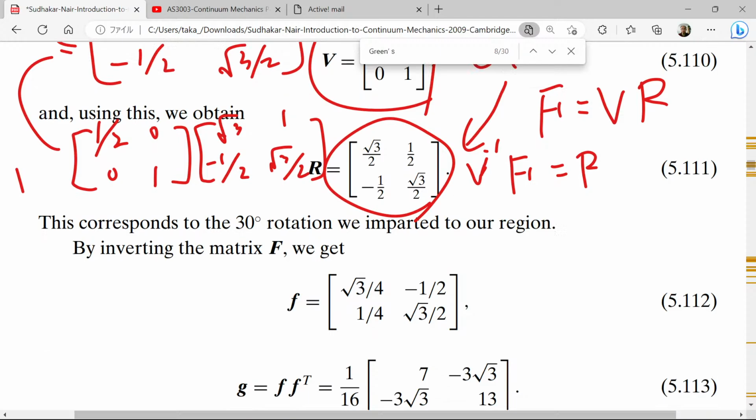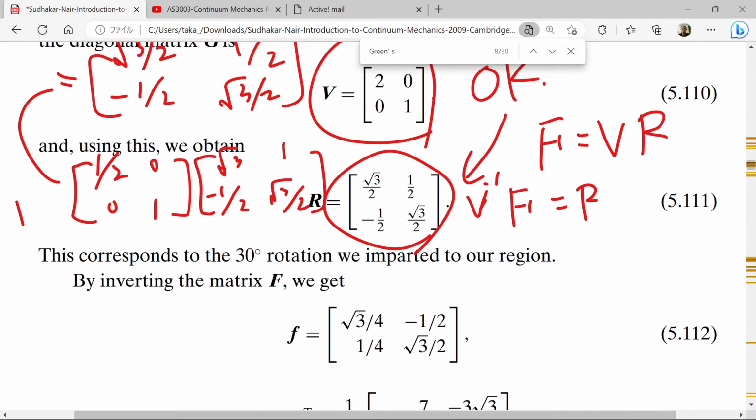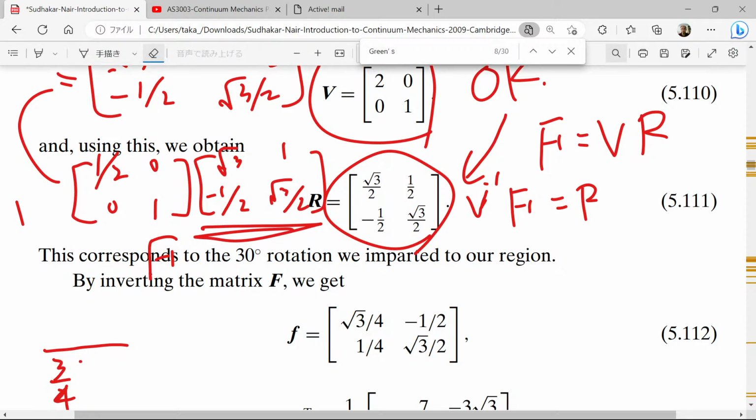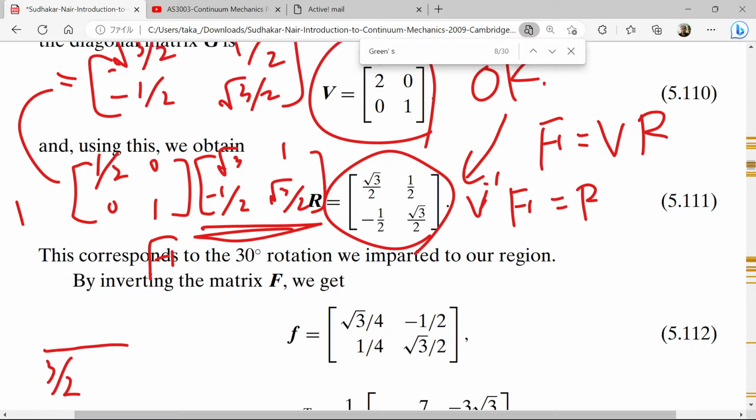Inverting the matrix F, we get, this is F, this is F. So we make inversion. That means 3 over 4, 3 over 2 plus 1 over 2.